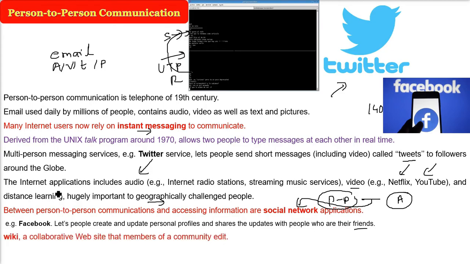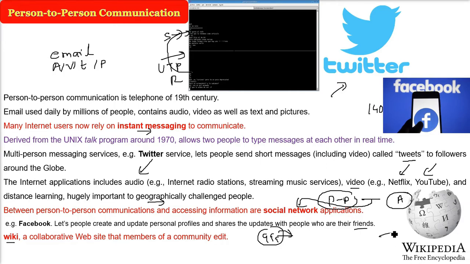This is the way of social media. Then we have Wiki. This is a collaborative website. Here people of a community can edit, can read, can work on it. This is Wiki. I'll tell you about the most famous free encyclopedia, which is called Wikipedia. Now you get exact information, logical information, relevant information on Wikipedia.